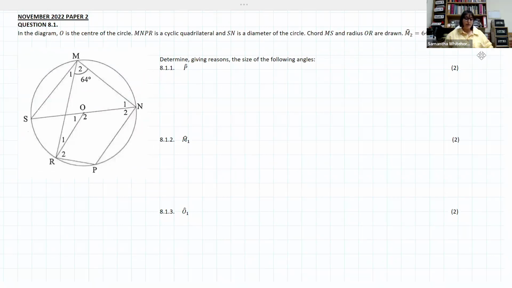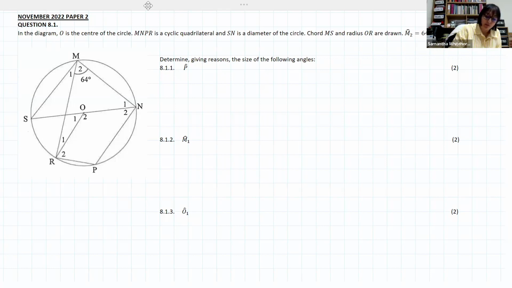So in the diagram, O is the center of the circle, MNPR is a cyclic quadrilateral, and SN is the diameter of the circle. Chord MS and OR are drawn. Angle M2 is equal to 64 degrees.